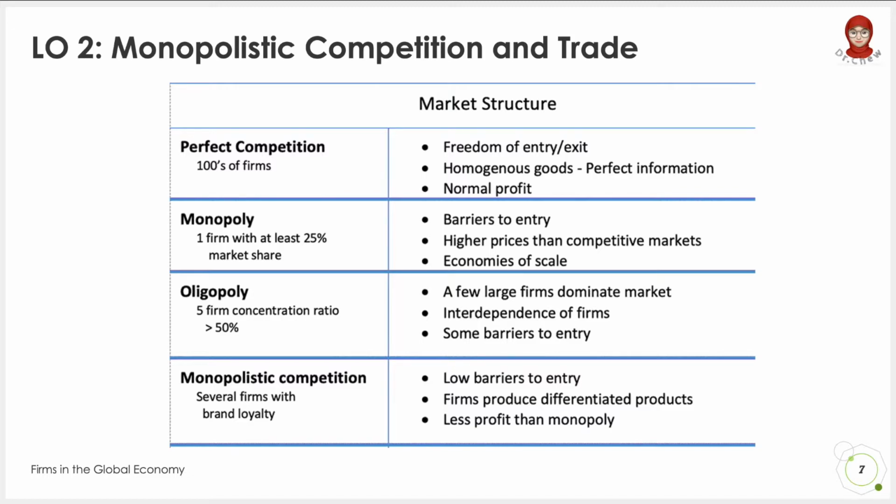In some cases, this occurs when there are only a small number of competing firms in the market, such as the market for fast food restaurants. This leads to a market structure called oligopoly. The pricing decisions of firms are interdependent in an oligopoly market structure.